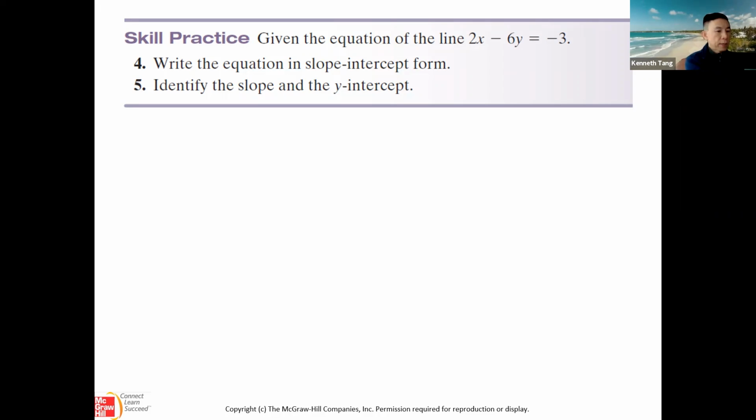If you are given 2x minus 6y equals -3, they want you to write that in slope-intercept form, so write that as y equals mx plus b. Then identify the slope, and also identify the y-intercept.